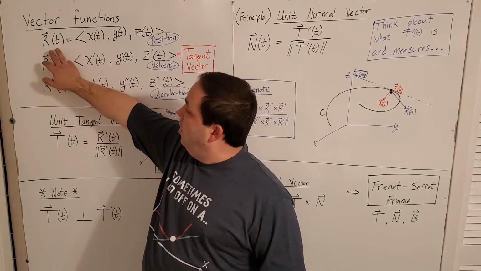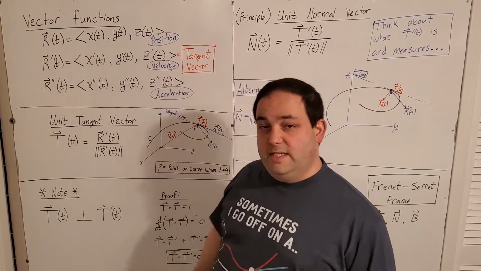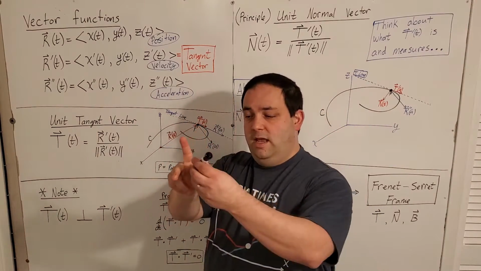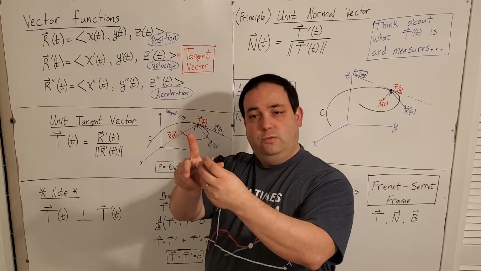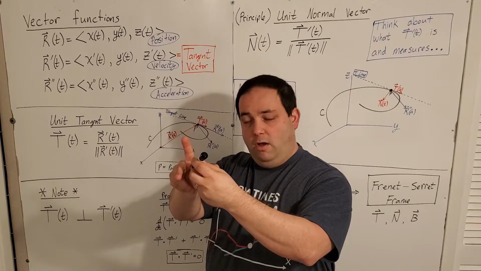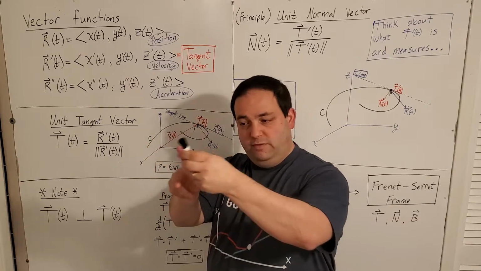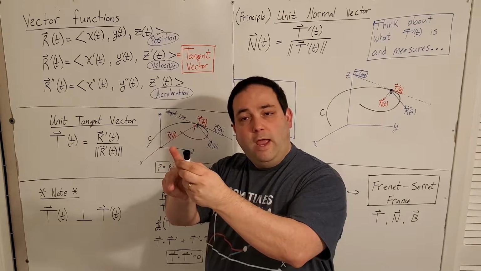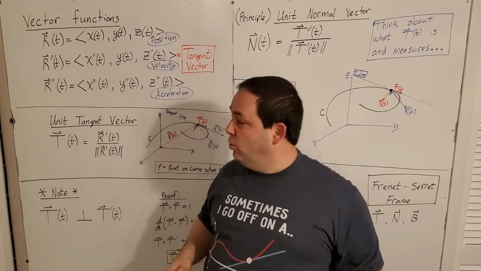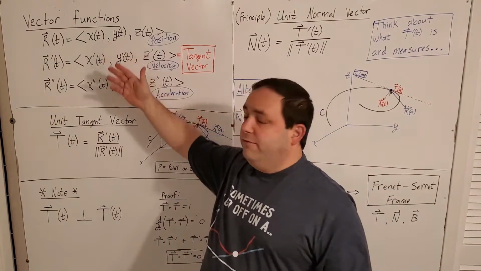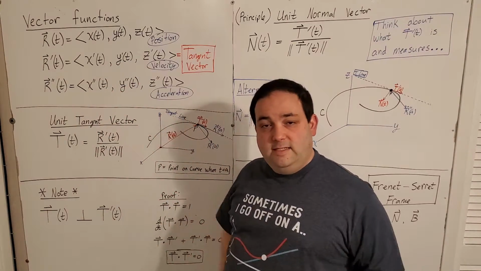So the r of t does represent a position, but typically what you'll have is your axes, and the vector will point to some location as a vector from the origin. And then as your position moves, that vector will move around while still originating from the origin. And you'll notice we do only have one independent variable here, in this case t.